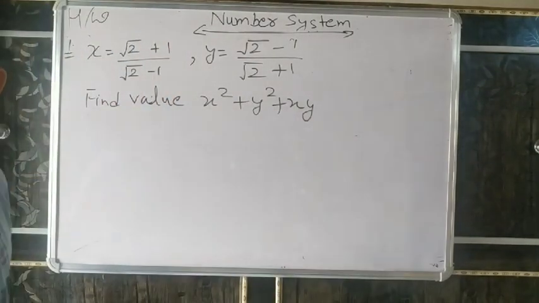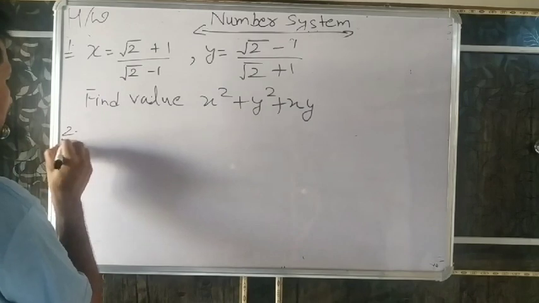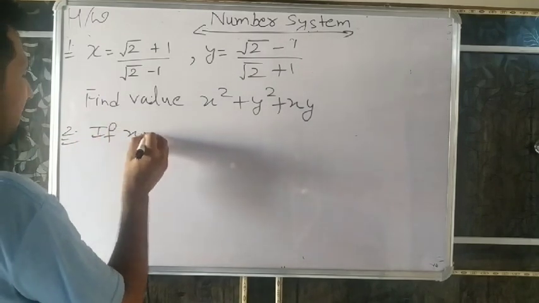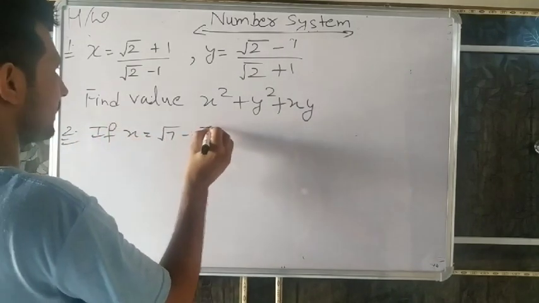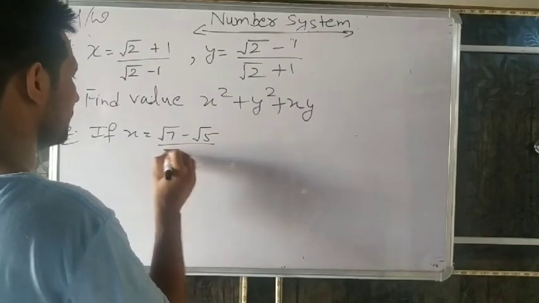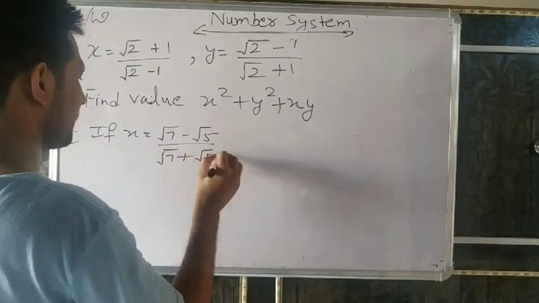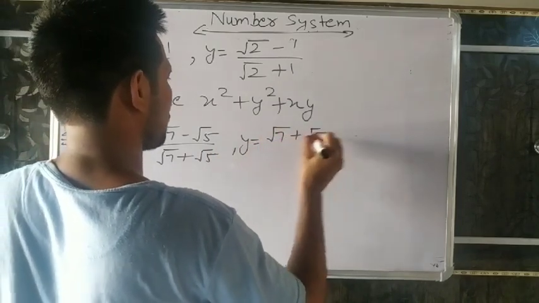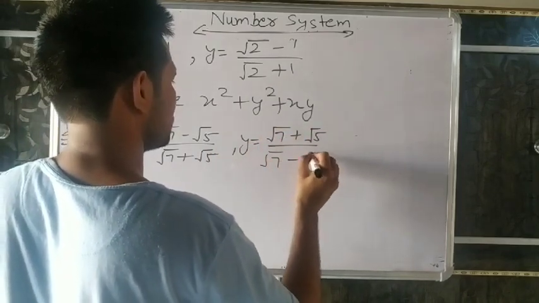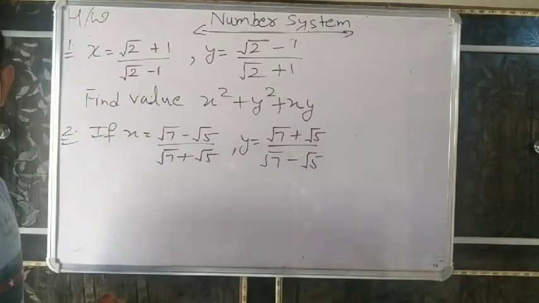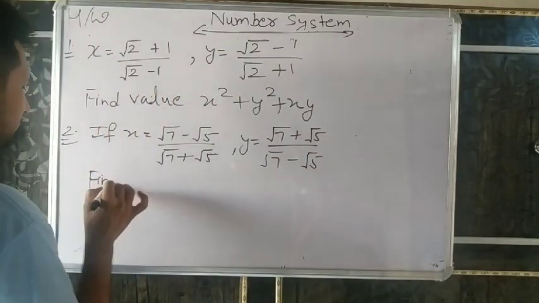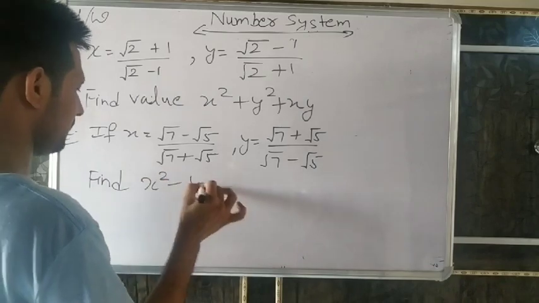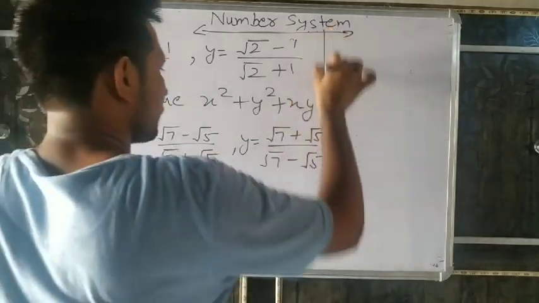Next, second: if x equals (root 7 minus root 5) divided by (root 7 plus root 5), and y equals (root 7 plus root 5) divided by (root 7 minus root 5), find x square minus y square.